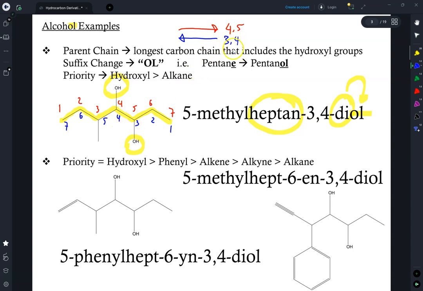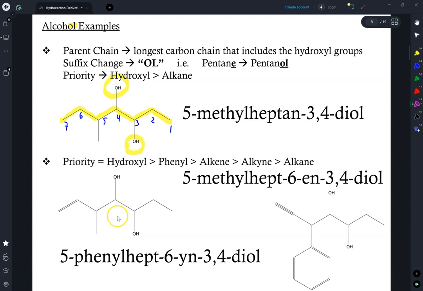Obviously 3, 4 is better than 4, 5, so we will use the blue counting direction and not the red counting direction. Which means that our methyl group over here has an address number of 5. So 5-methyl, heptan for 7 carbons in the main parent chain, and then 3, 4 is the location of where the hydroxyl groups are sprouting out from. Di-ol, 2 of these alcohol groups are located on the parent chain.